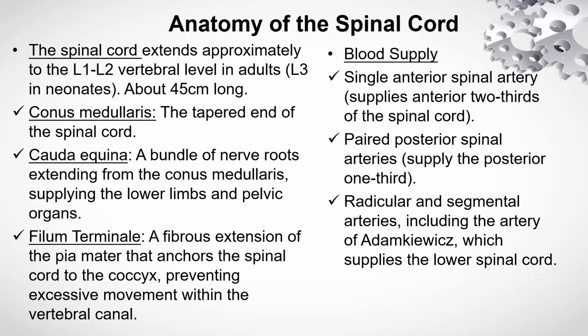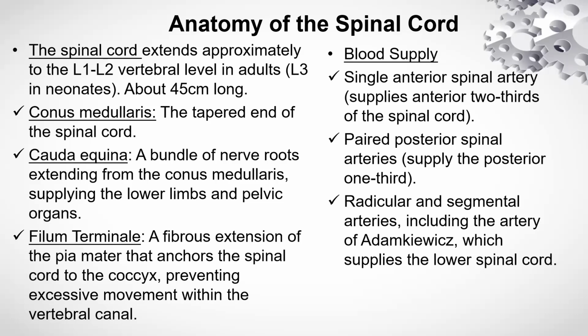It has 3 parts: the conus medullaris, which is the tapered end of the spinal cord; a bundle of nerve roots which extends from the conus medullaris to the lower limbs and pelvic organs, which is the cauda equina, and sometimes we have injuries to it where we have cauda equina syndrome. We have the filum terminale, which is the fibrous extension of the pia mater, and which anchors the spinal cord to the coccyx, preventing its excessive movement within the canal.